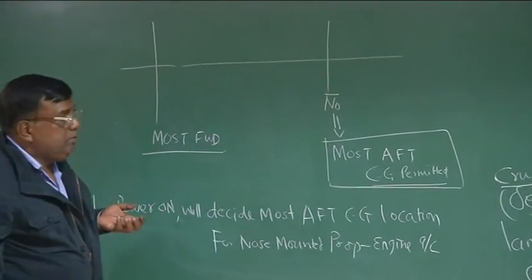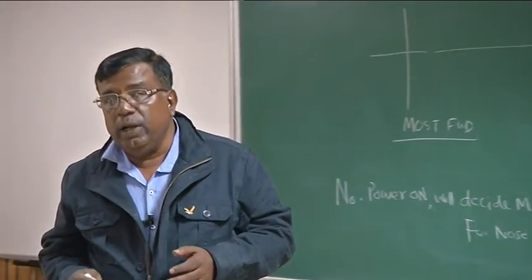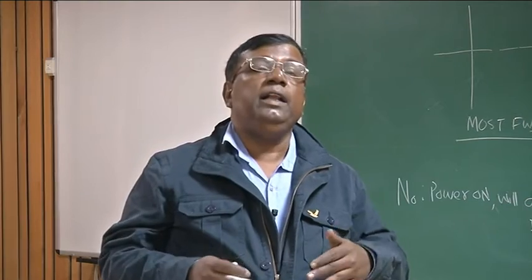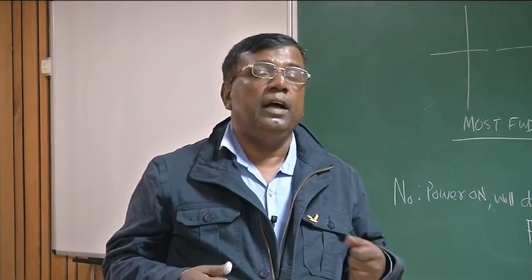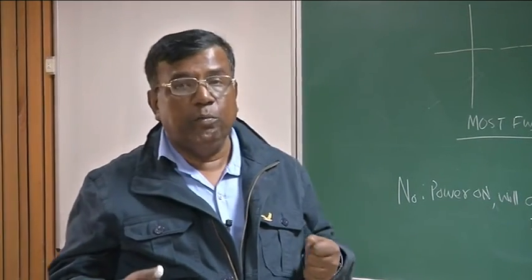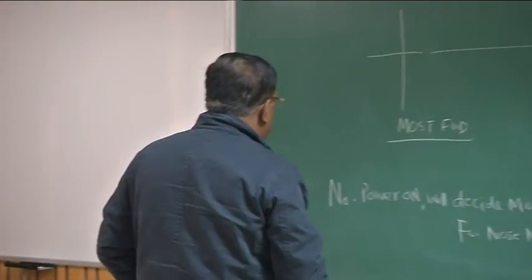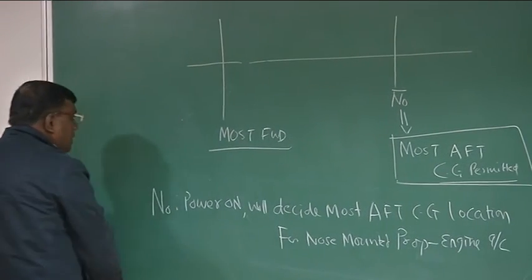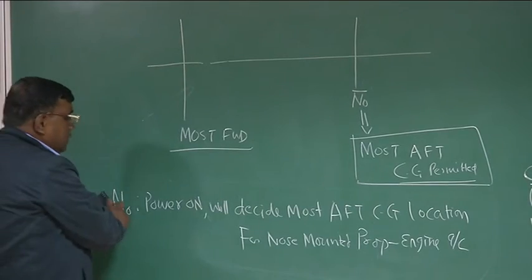Please understand, before we do some formulation, we can conceptualize that if an airplane becomes highly stable, then it is very difficult to change or trim the airplane at a particular CL, because I may not have that much of elevator control power. We have seen that. So now, based on that philosophy, we'll see how best we should understand how do I locate, how do I specify the most forward CG location, right?